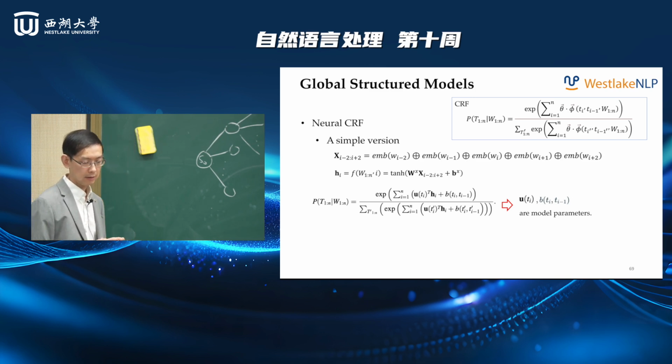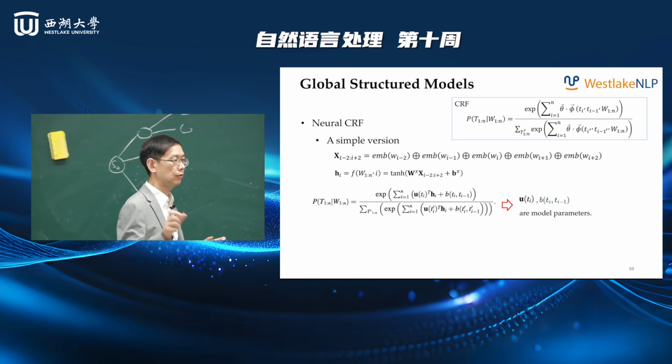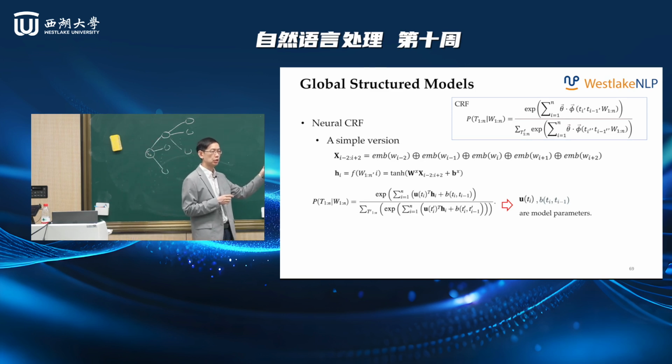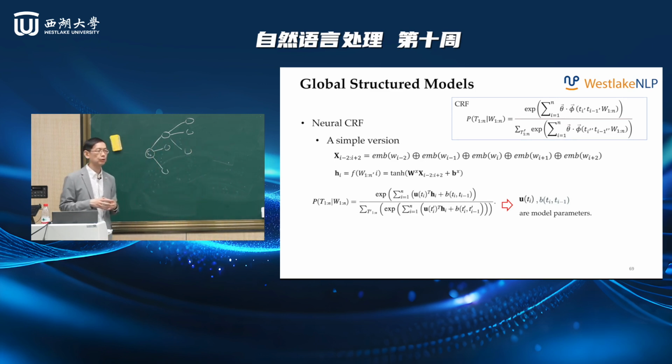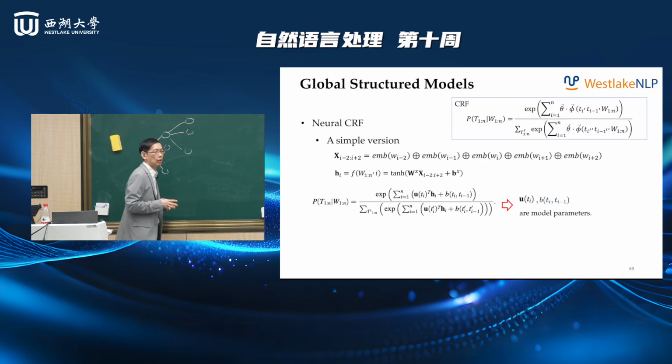And to this end, I still keep this summation sign. It's still the sum of local features. But I want each local feature to consist of two tags, two part-of-speech tags, and a 5-word window. This is a very simple version of neural CRF, okay? The original CRF, when we defined the feature vector phi, we roughly did the same, 5 words and 2 tags. Now we just replace theta dot phi with a neural scoring.